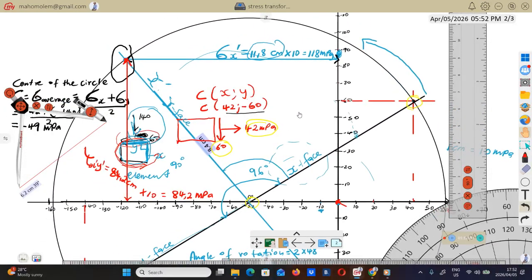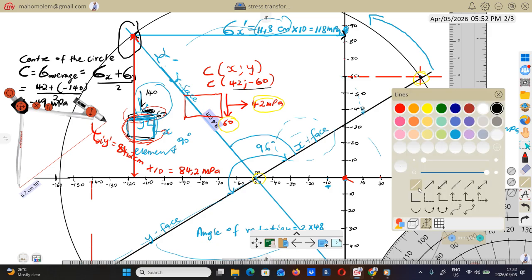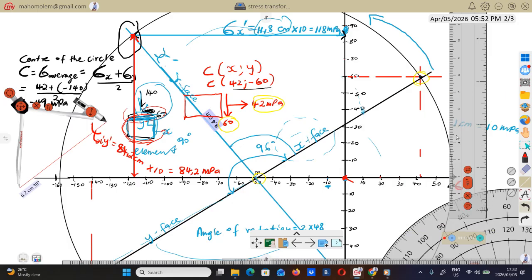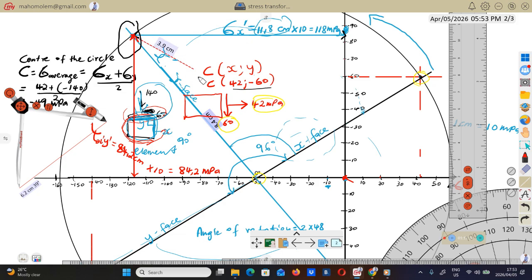Now let's go to resultant stress. So for resultant stress, you will have to measure from this point to there.